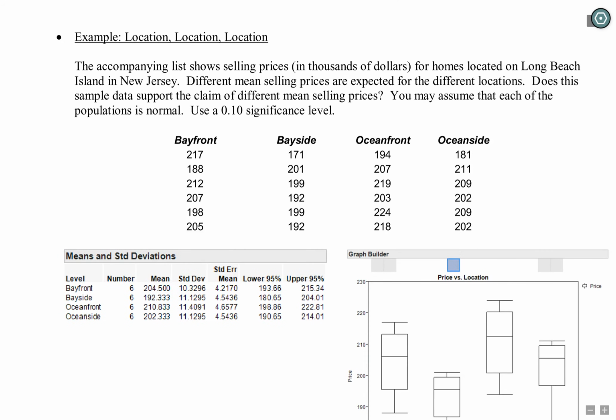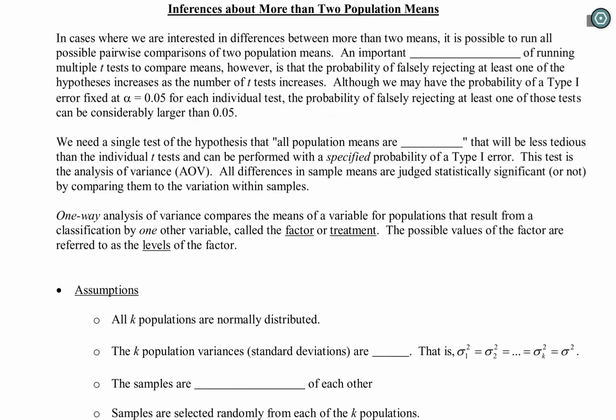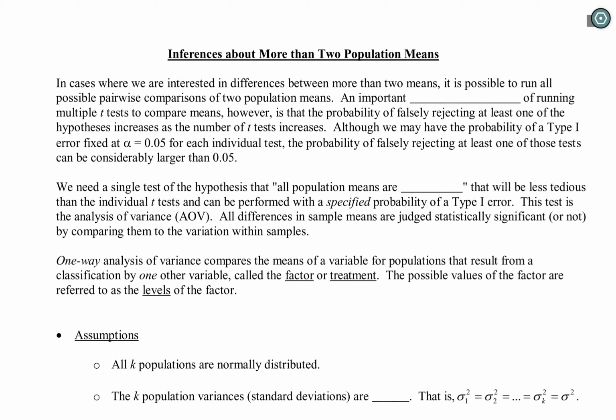So we want to test several population means, and let me just give you a motivation here. Suppose we wanted to test 3 population means, mu1, mu2, and mu3. One way we could do that is run a test. So I'd have an H0 where mu1 is equal to mu2.